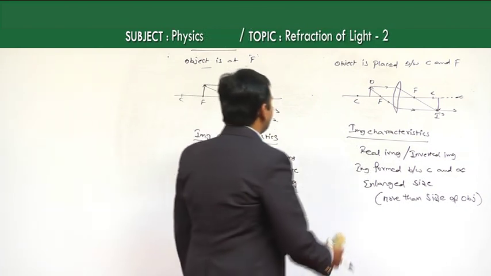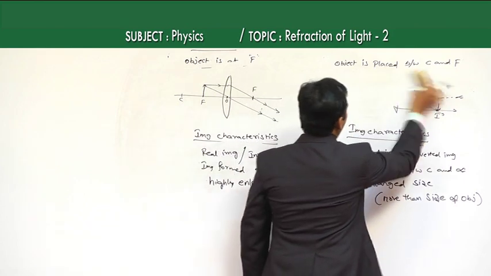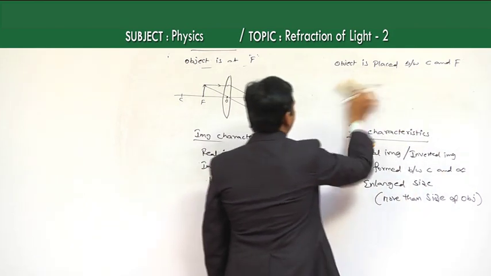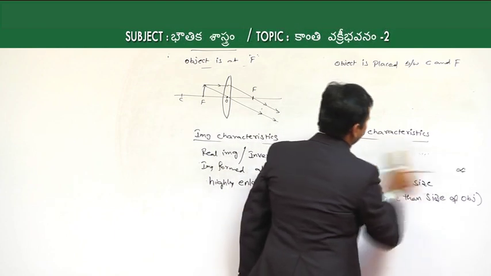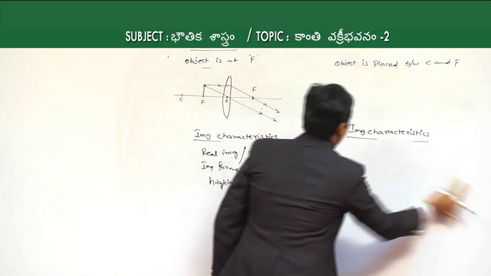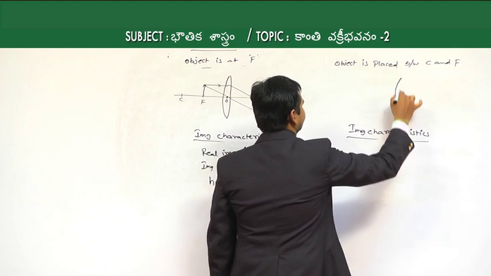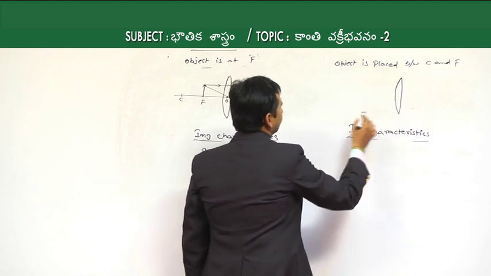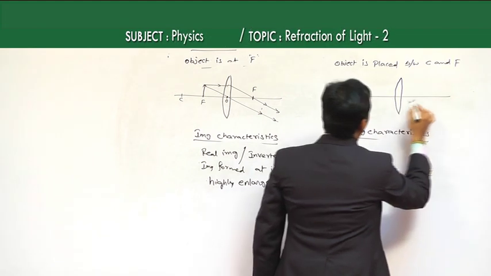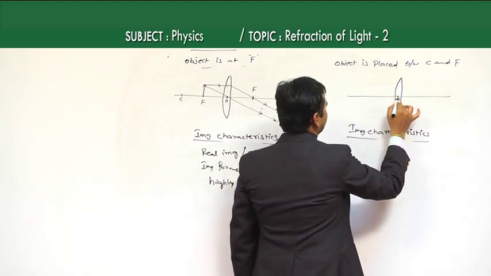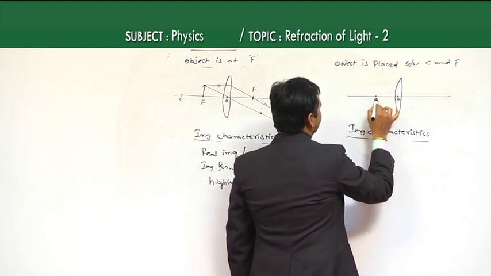Now come to the next case. If we bring the object much closer, we get a special case. Now see, the object is very close to the lens. Again this is the optic center, and here we have the focus.